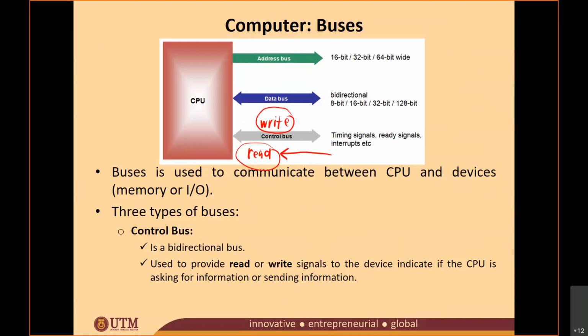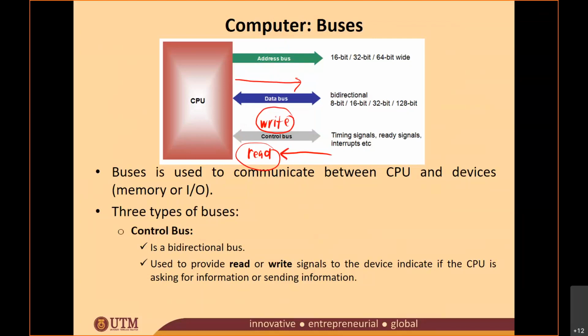The CPU knows that you're going to send out the data daripada CPU to your memory ataupun to your input output. Read, kita nak baca data daripada input output atau memory masuk ke dalam CPU, and write, nak send out the data from CPU to input output or memory.